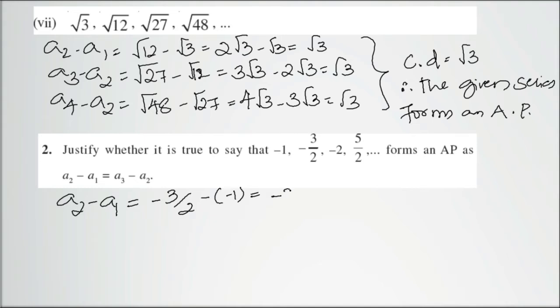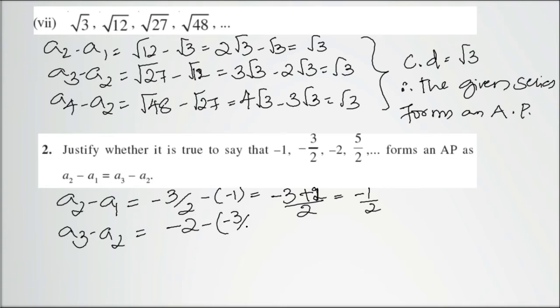LCM is 2, so minus 3 plus 2 by 2, nothing but minus 1 by 2. a3 minus a2 is negative 2 minus of minus 3 by 2, which will be minus 4 plus 3 by 2, nothing but minus 1 by 2.